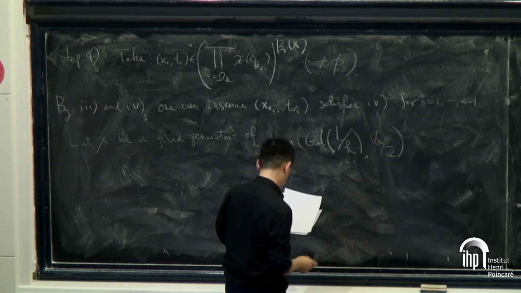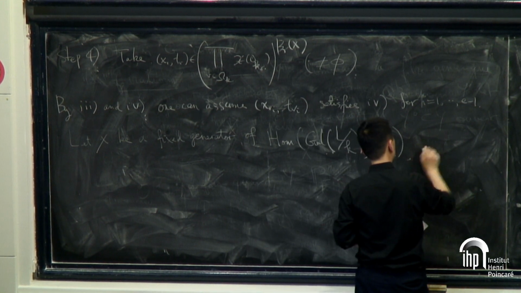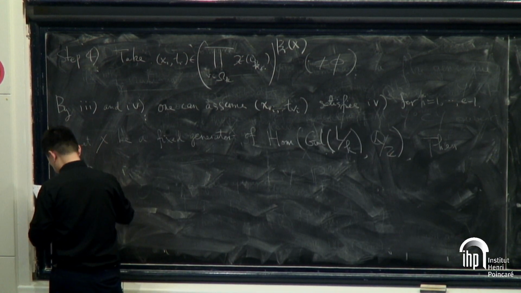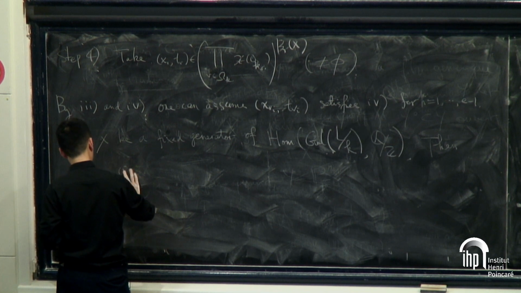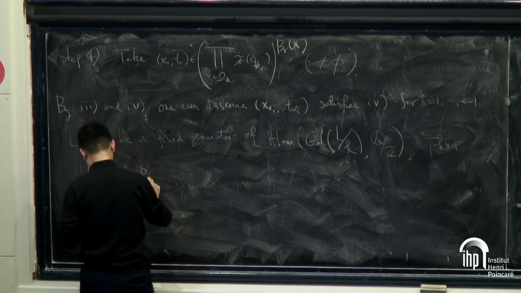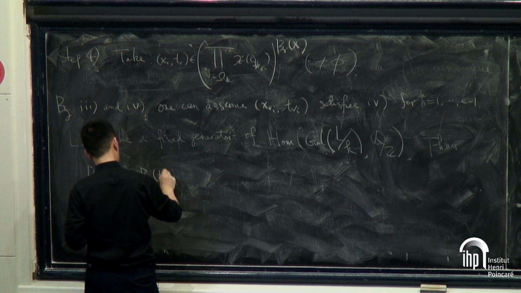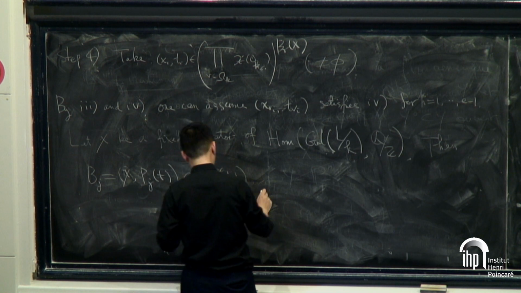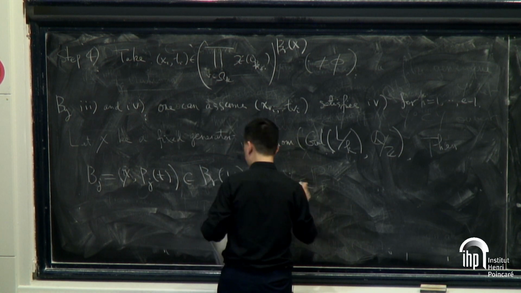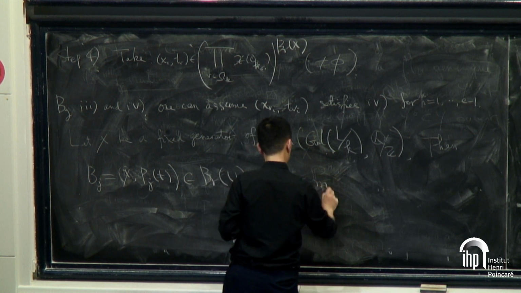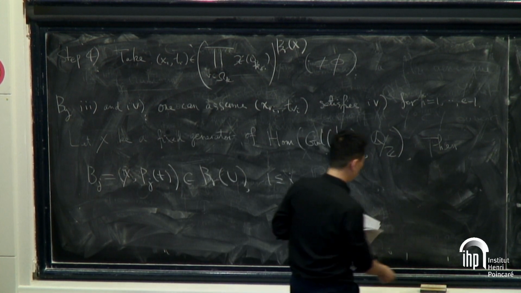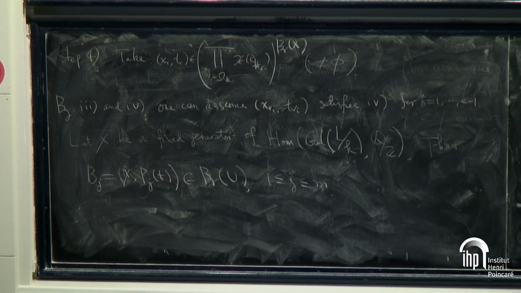I fix a generator, and then I have these Brauer group elements, which I call B_j, which is the cup product of this chi with this polynomial P_j(T). These are Brauer elements in the open set, for all these irreducible factors. Then another trick I use is the formal lemma, which was also mentioned in some of the previous talks.